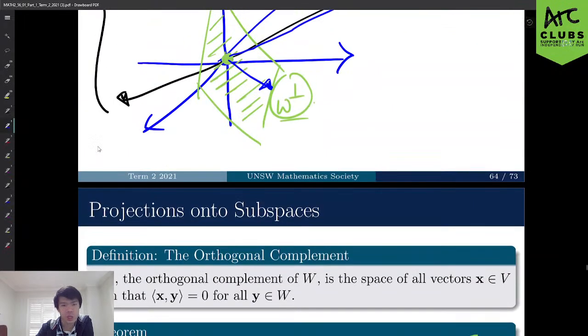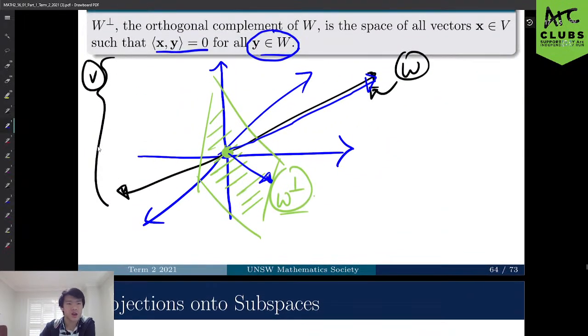So in this plane example, if we have any vector up here, let's just say we have a vector randomly up here, then we can express it as a sum of something down here, plus something that's normal to the plane. And that will look a bit like this.